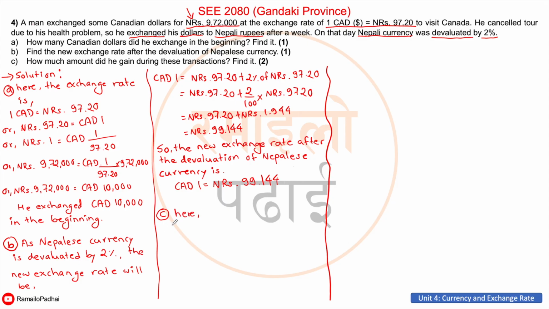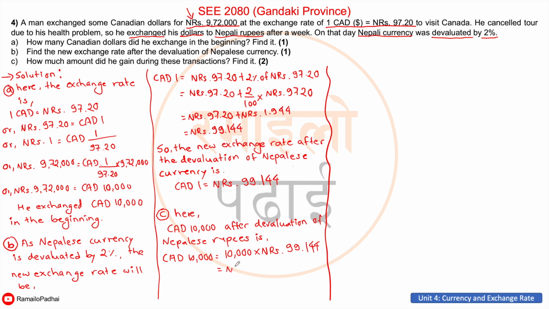Here Canadian dollar 10,000 after devaluation of Nepalese rupees is Canadian 10,000 equals 10,000 times NRS 99.144, which equals NRS 9,91,440. So this will be his new amount.